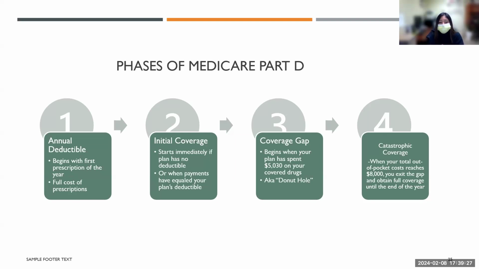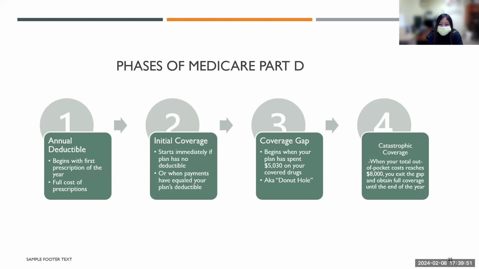So you're going to cover the full cost of prescriptions in the beginning of the year because you're paying your deductible. After which you move on to phase 2, called the initial coverage phase, where you've already finished paying your deductible, and so now your insurance plan is going to start paying for your drug coverage.